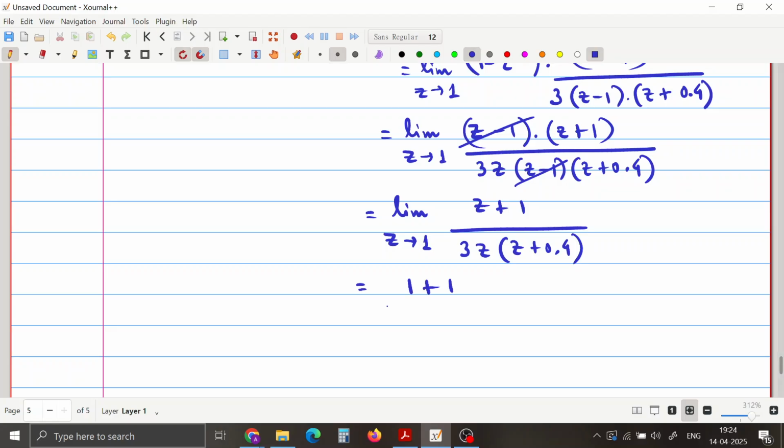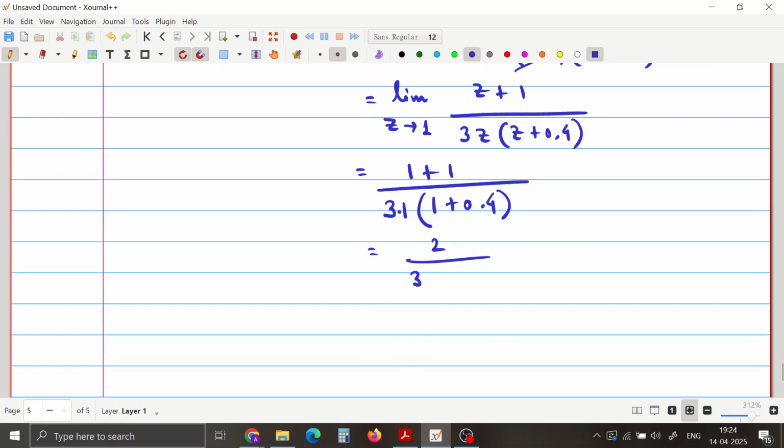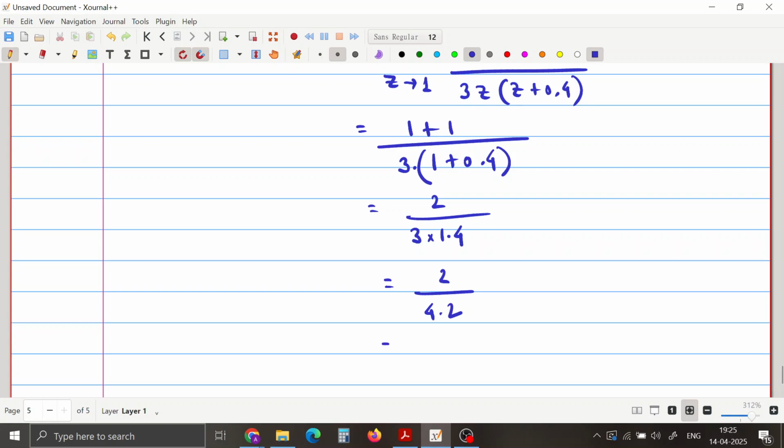That will give me 3 into 1 into (1 plus 0.4), which is 2 divided by 3 into 1.4, which is 2 divided by 4.2, and it's equal to 0.4762.